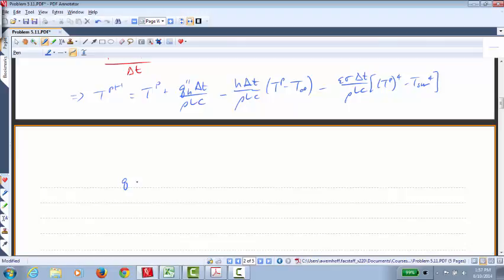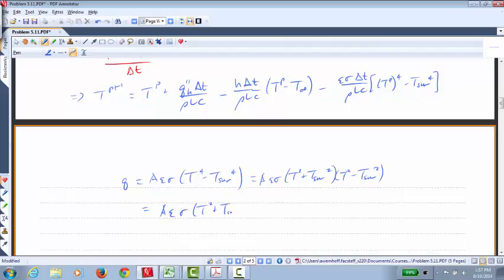The Stefan-Boltzmann law, as you know, is A epsilon sigma (T to the fourth minus T surroundings to the fourth). If we use the difference of squares formulation, it becomes A epsilon sigma (T squared plus T surroundings squared) times (T squared minus T surroundings squared), which we do with another expansion, (T squared plus T surroundings squared) times (T plus T surroundings) times (T minus T surroundings).